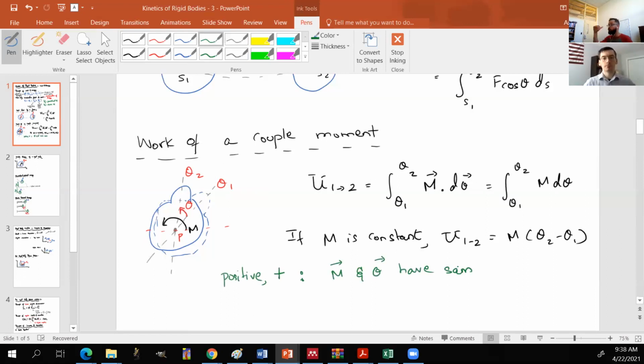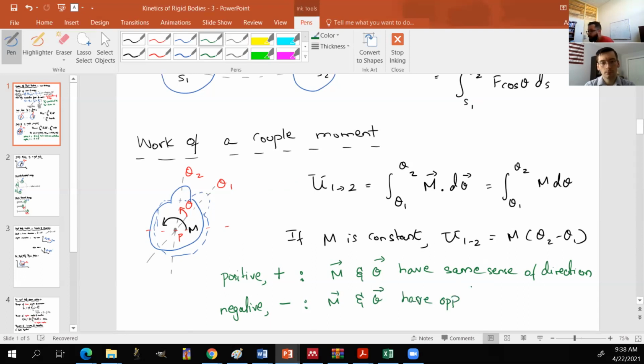This is when you're looking at rotating bodies, so you're always looking at planar stuff, and you're using your right-hand rule to figure out whether it's going to be positive k hat or negative k hat. So if the k hat is in the same direction, then the work done is positive. And it's negative, which is going to be this minus sign over here, when M and θ have opposite sense of direction.